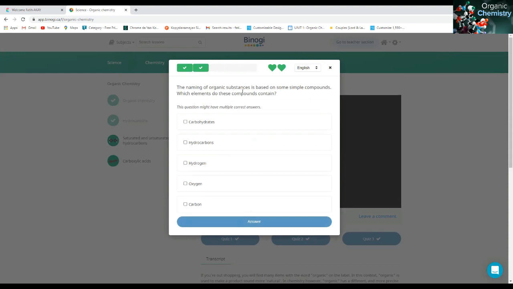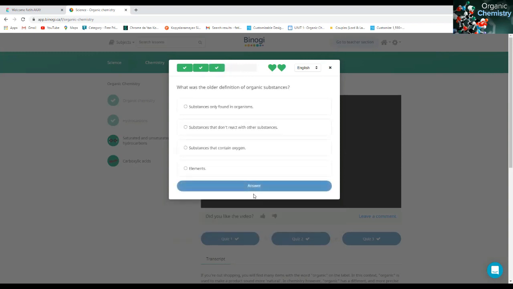The names of organic substances are based on some simple compounds. Which elements do these compounds contain? Carbon and hydrogen, the hydrocarbons.